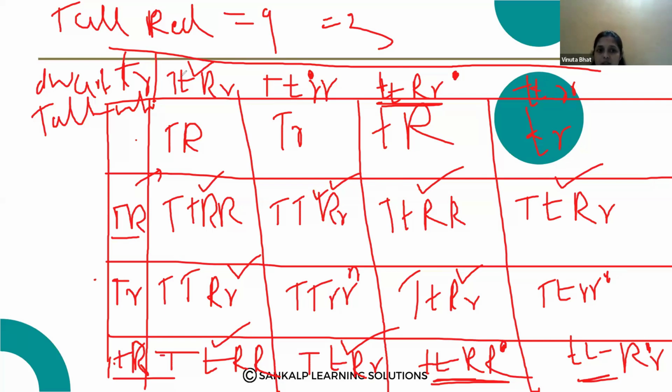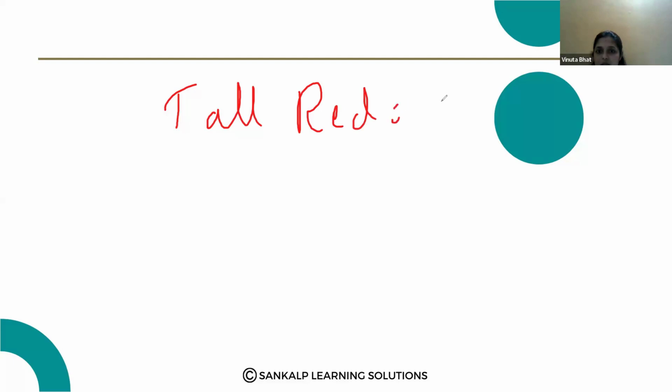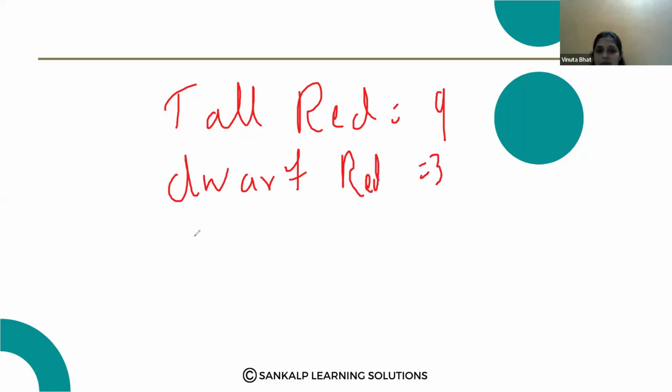So I will clear this. Just I will write: tall red color flowering plants. So a total of 9 plants were produced. Then dwarf or short plants, red color flowering, that is 3 plants.